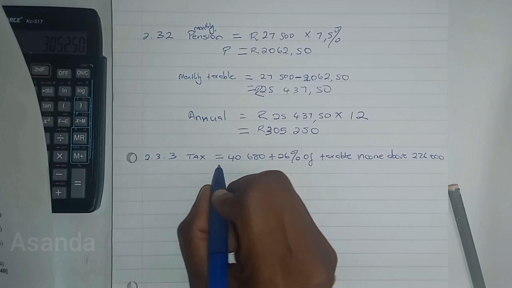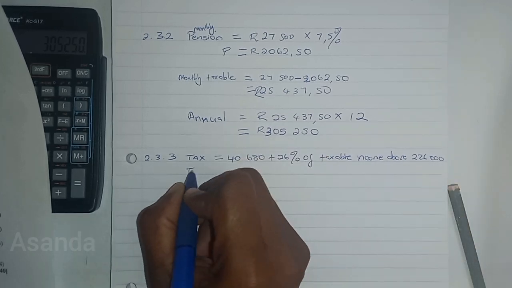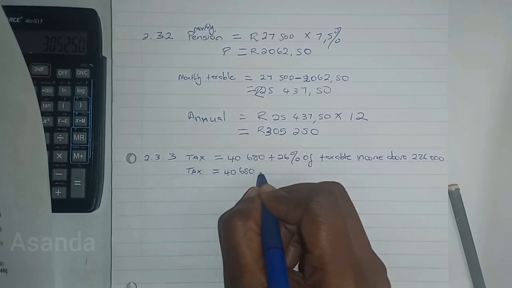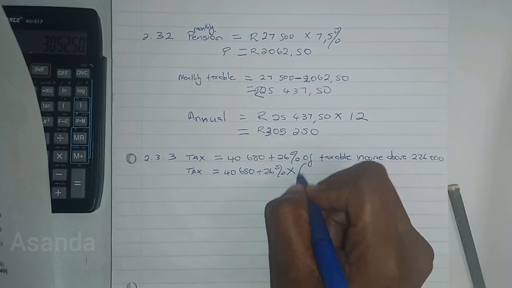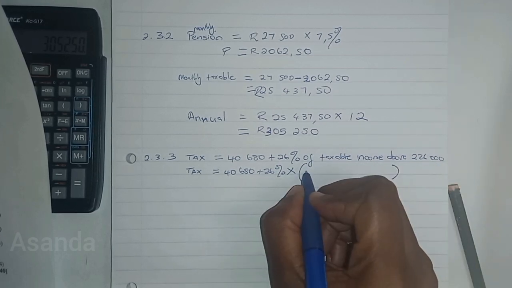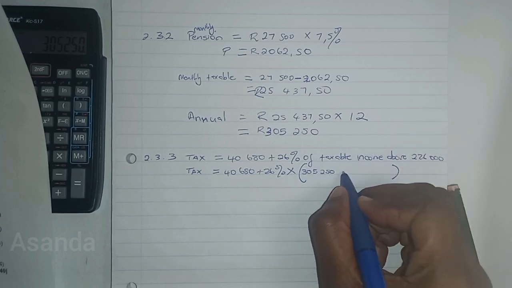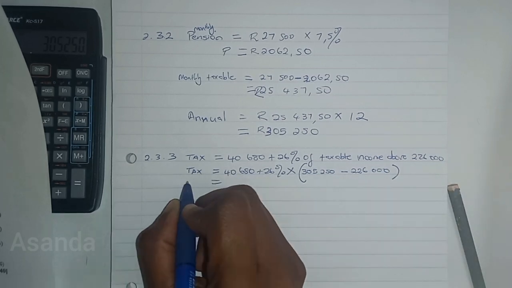Okay, double check if I copied everything correctly. Okay, tax is equal to 40,680 plus 26%. Of means multiply, and then I'm just going to subtract. Substitute the taxable income, 305,250 minus 226,000.